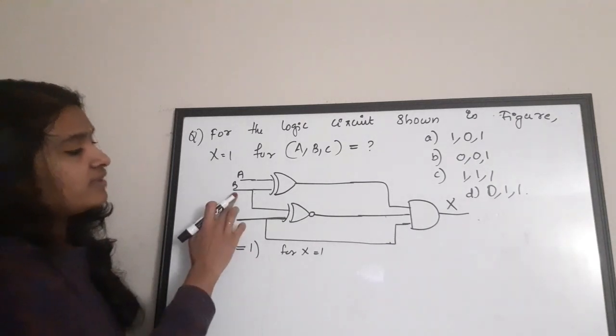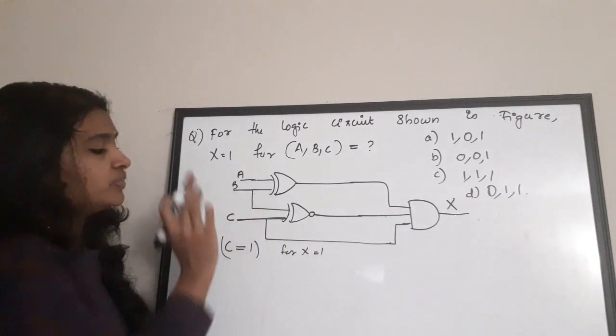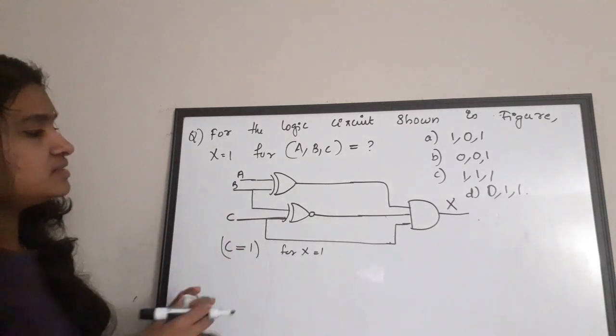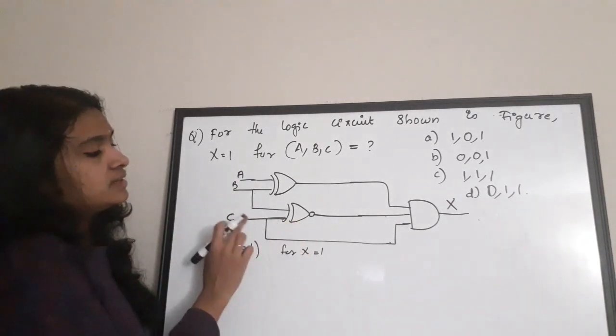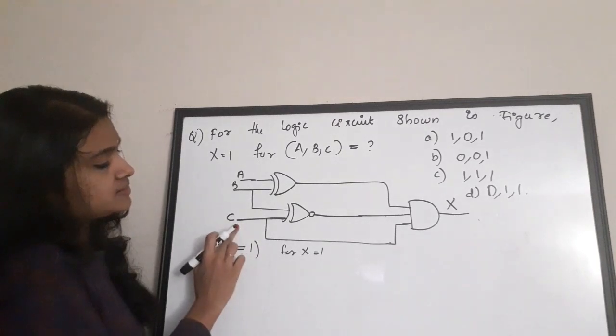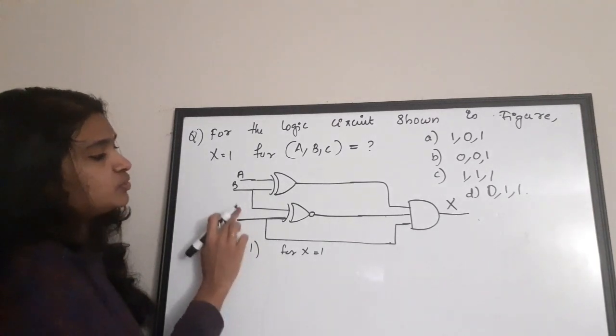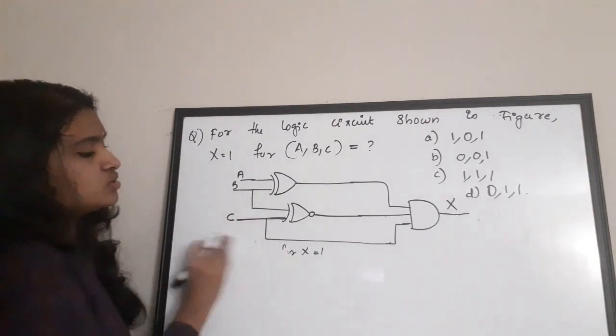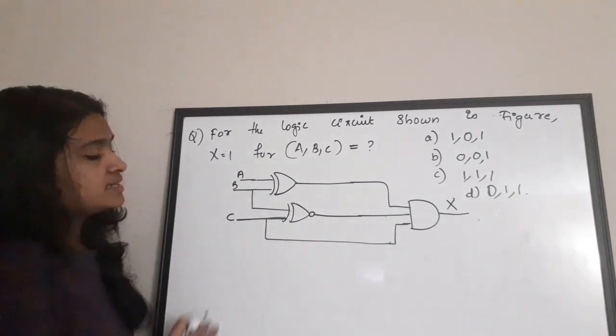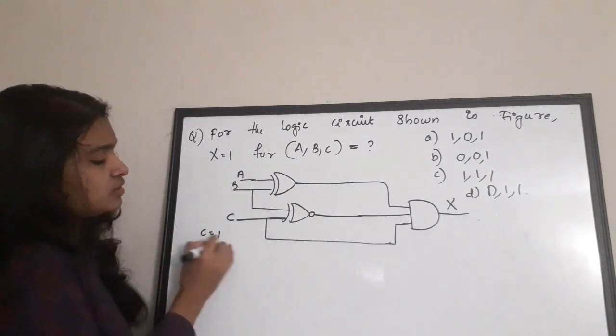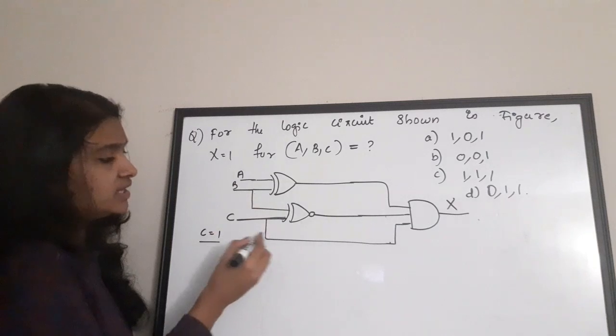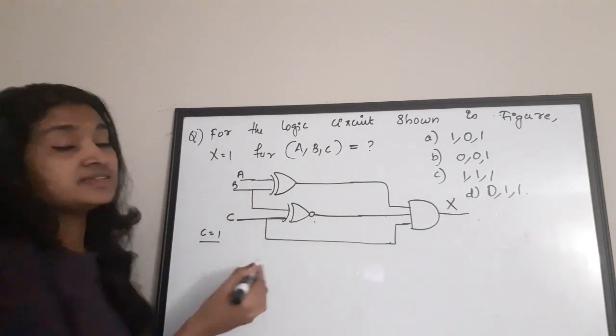Now, we need to find the value of A and B. Now, if you see this XOR gate, it is having one input as C, one input as B, right? So, one thing is clear, C value is equal to 1. Now, for what value of B is the output of this gate equal to 1?